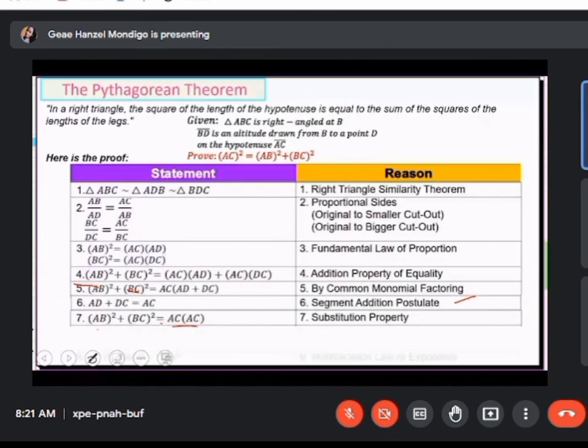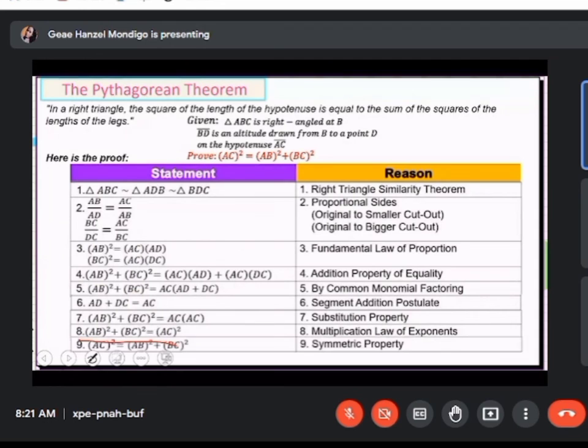So this becomes our Pythagorean theorem formula. Using the symmetric property, we could simply flip it.